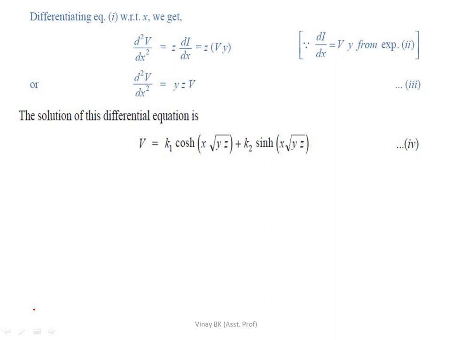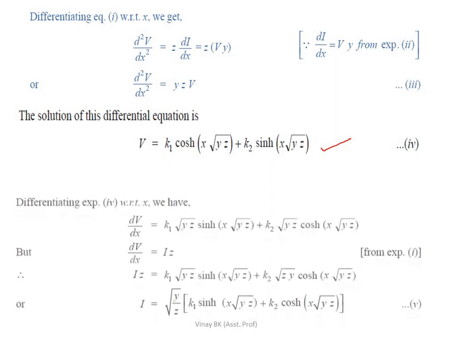The next is differentiating equation 4. Once we get this solution from equation 3, differentiate it with respect to x again. Differentiate equation 4 with respect to x.